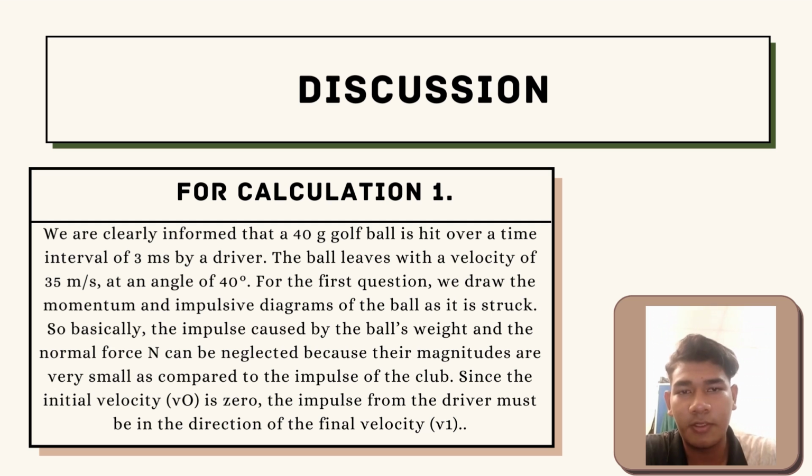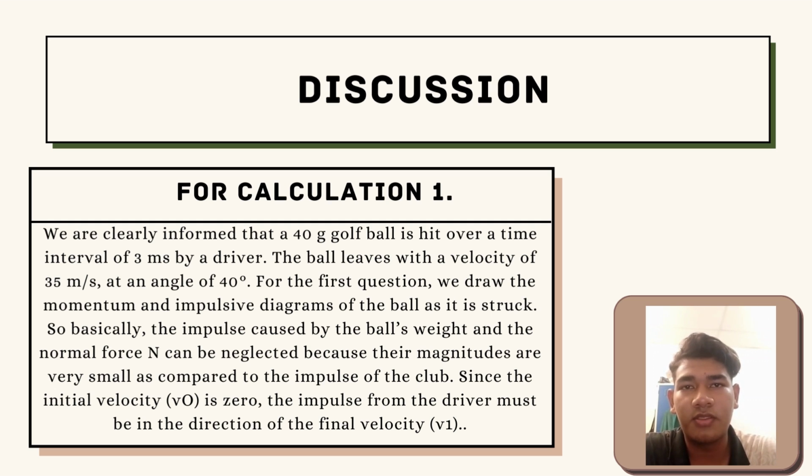For the first question, we draw the momentum and impulsive diagram of the ball as it is struck. Basically, the impulse caused by the ball's weight and normal force N can be neglected because their magnitudes are very small compared to the impulse of the club.